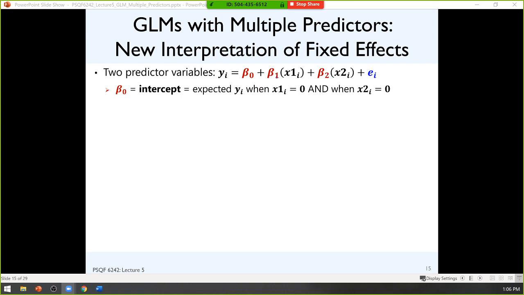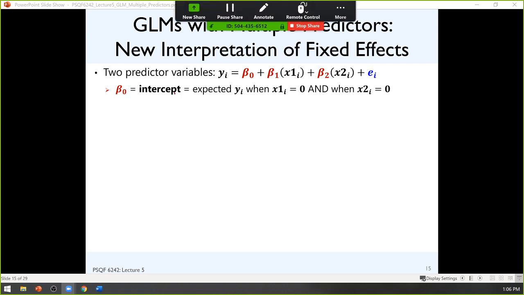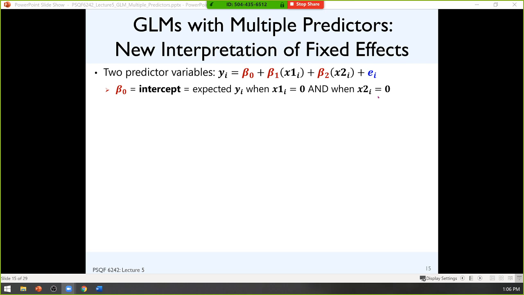Okay, so if you have both variables in the model at the same time, x1 and x2, this is the first time we've seen something like this where x1 and x2 are different ideas. Then the intercept is always the same, the expected outcome when the predictors are 0, but now it's when x1 is 0 and when x2 is 0, so it's doubly conditional.